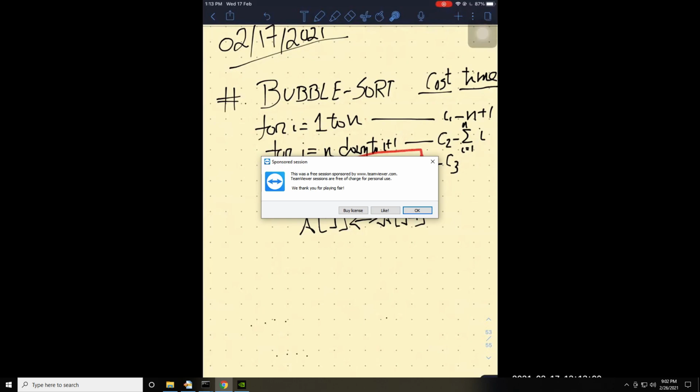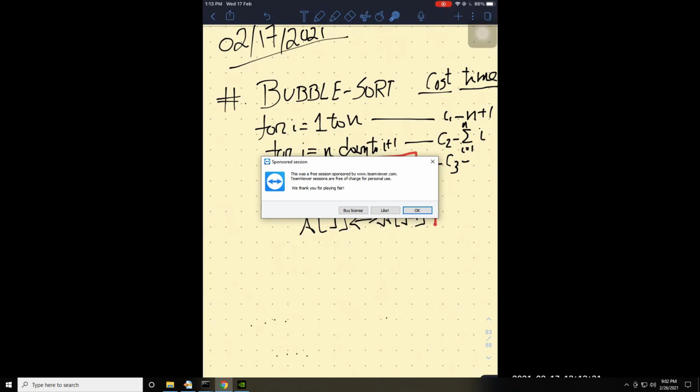And for this third line, where we exchange the values, its value actually depends on the input array. For the worst case, we will assume the input array is sorted in reverse order, meaning we have to execute this line every time we encounter any A[j] or A[j minus 1].